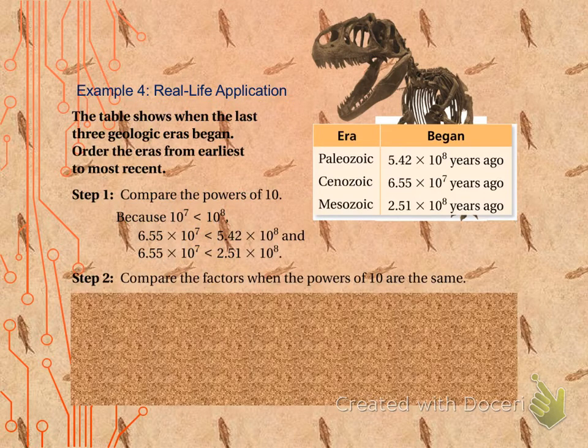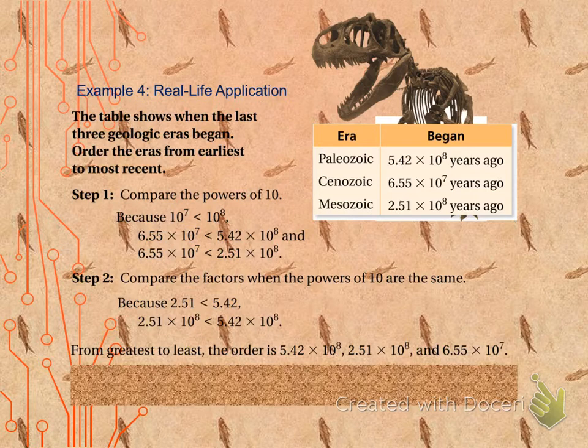So now you need to compare the factors when the powers of 10 are the same. So we're going to be looking at the 2.51 and the 5.42. Since 2.51 is less than 5.42, then 2.51 times 10 to the 8th is less than 5.42 times 10 to the 8th. So if we're going from greatest to least, the order would be the 5.42 times 10 to the 8th, which is the Paleozoic.